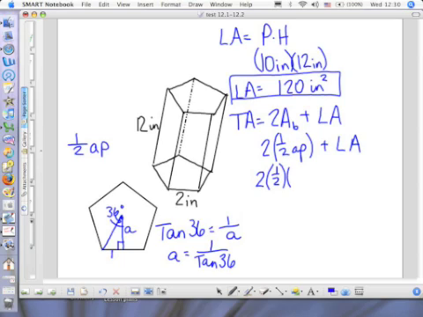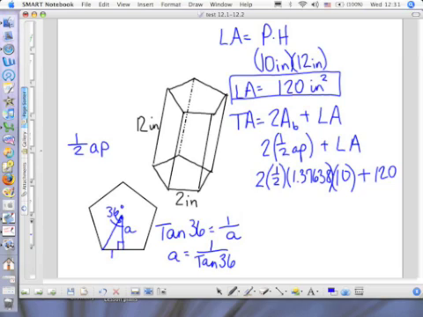Let's actually figure it out. 1 divided by tangent 36 is 1.37638. I'll just stop there. Times the perimeter. What's your perimeter? 10. We found the perimeter way up at the top. Plus our lateral area, which is 120.